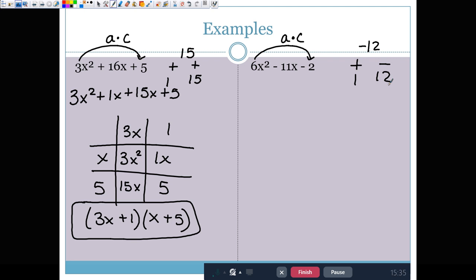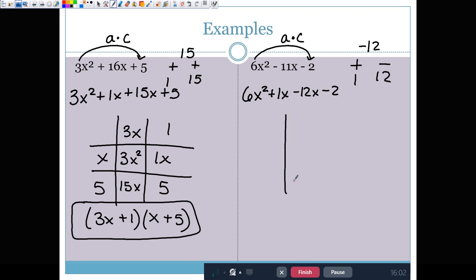Otherwise, sometimes you're going to have to factor out many of them. Right now we're just doing 1. So I'm going to replace negative 11x with positive 1x and negative 12x. So 6x squared, then positive 1x, negative 12x, and negative 2. Because positive 1x plus negative 12x is going to give me negative 11x. So we didn't change our problem at all.